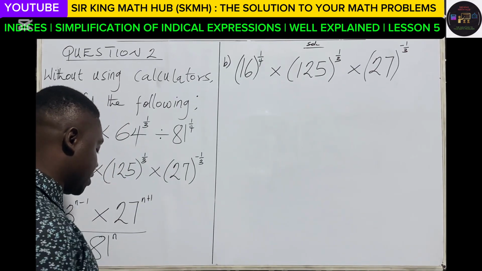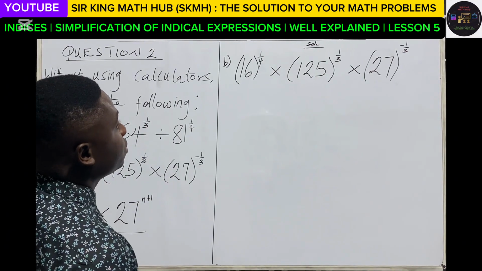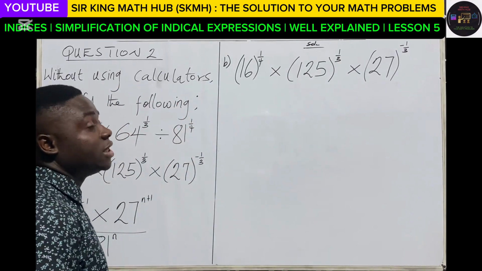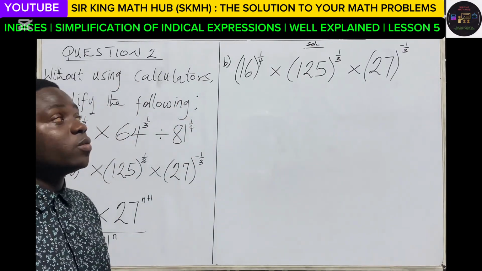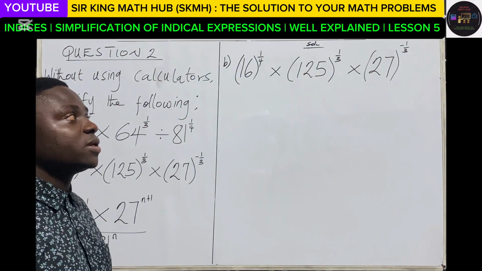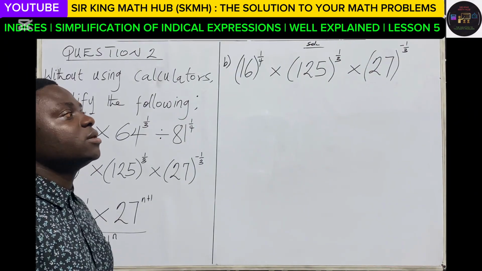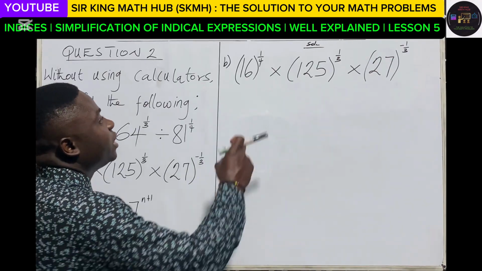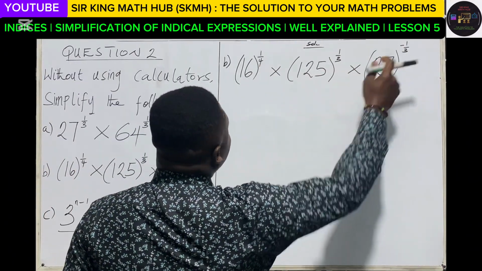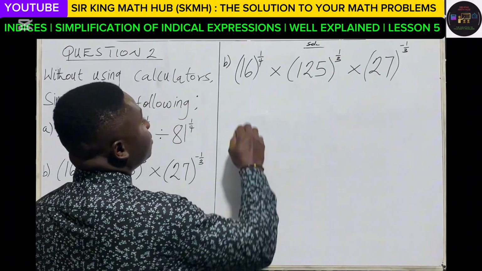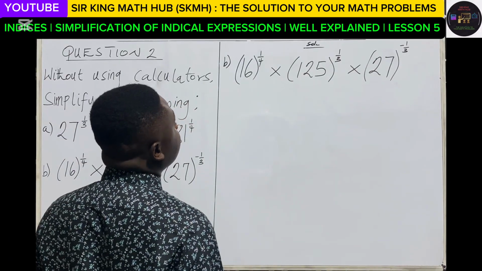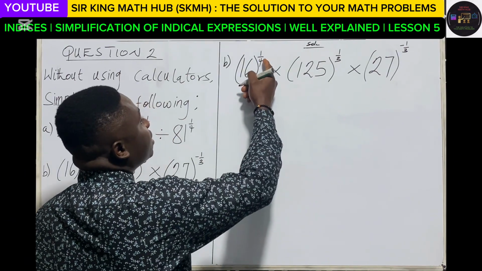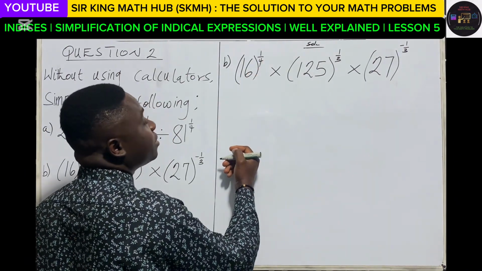Now let's also look at B. For B, we have 16 index 1 out of 4 multiplying 125 index 1 out of 3 multiplying 27 index negative 1 out of 3. Again, we need to do away with the fractional index. So we need to write 16 in index form. Which index form of 16 will help eliminate the fractional index?